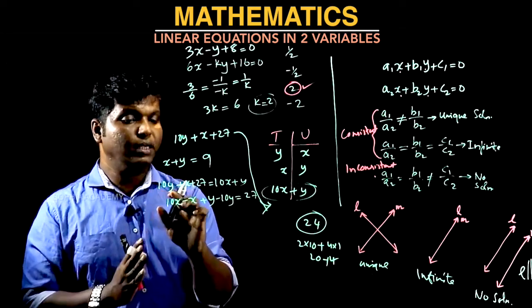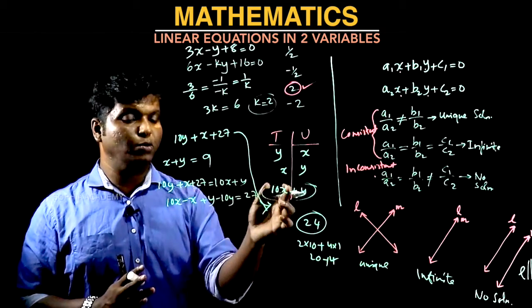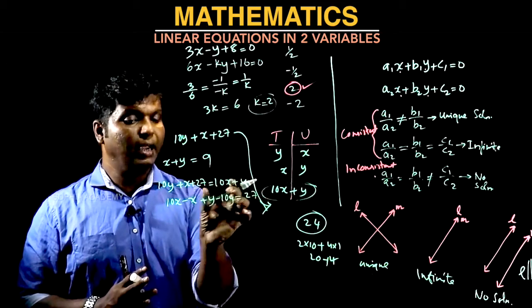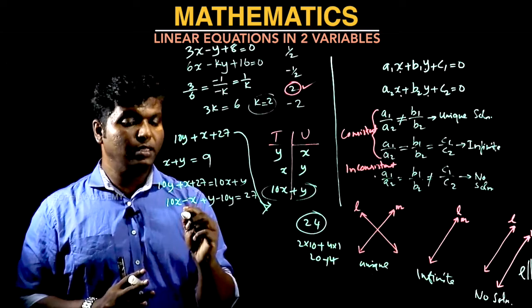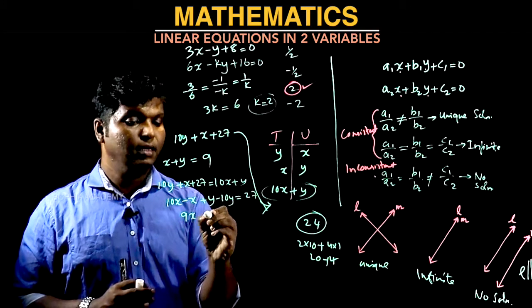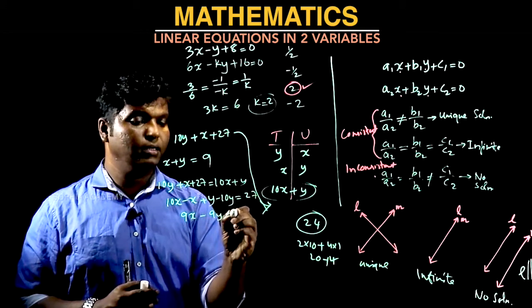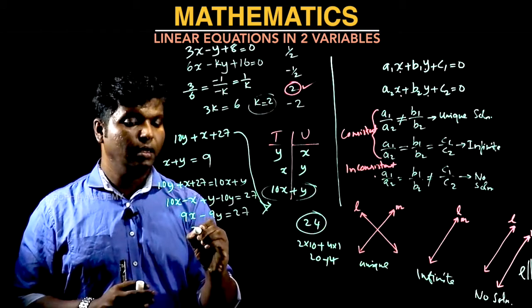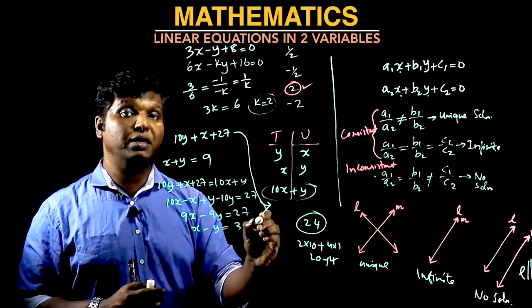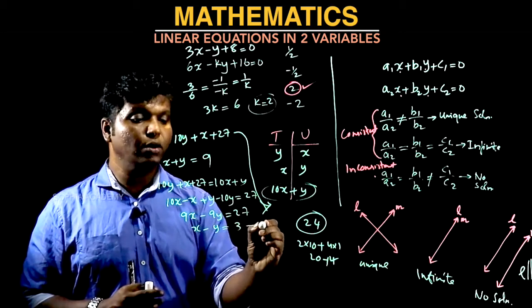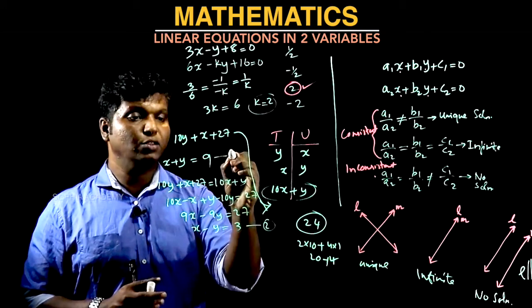So 10x minus x is 9x, and here minus 9y is equal to 27. Cutting them short, since all can be divided by 9, x minus y is equal to 3. So this is your second equation and this is your first equation.